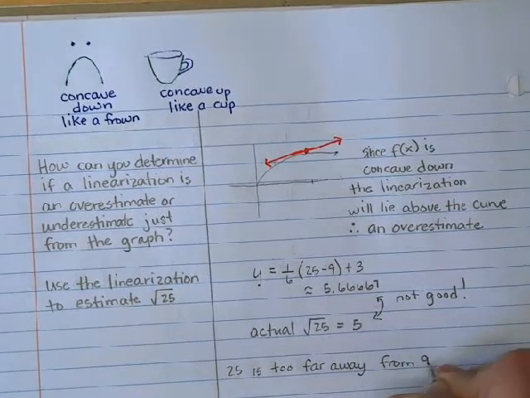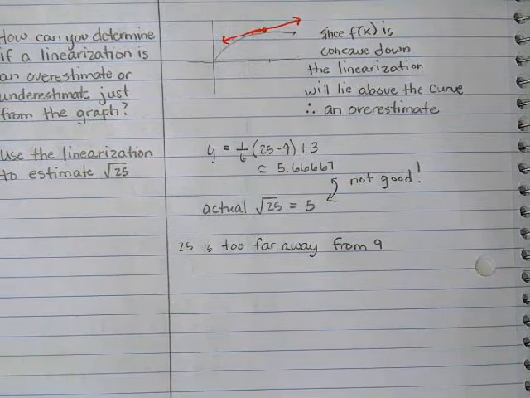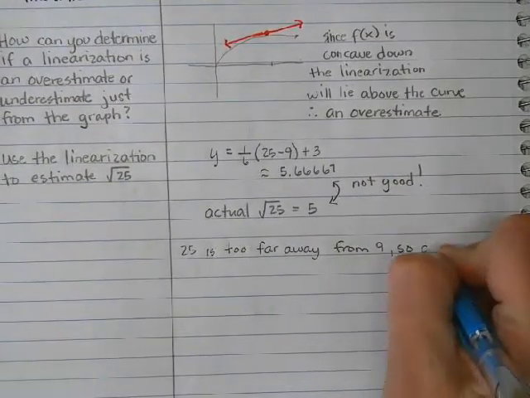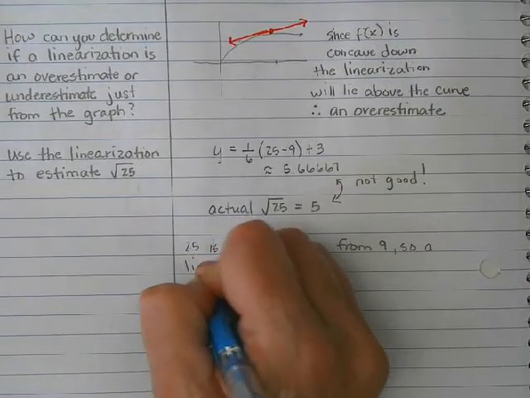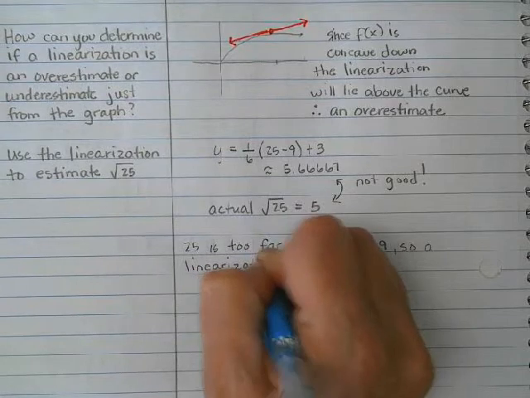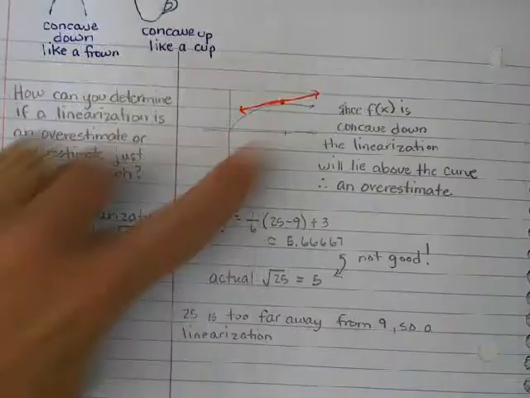So we want to make sure that we're always looking at whether it is appropriate to use that linearization. And again, I want you to think about that we call this linearization, we say it's centered at 9. And that makes sense.